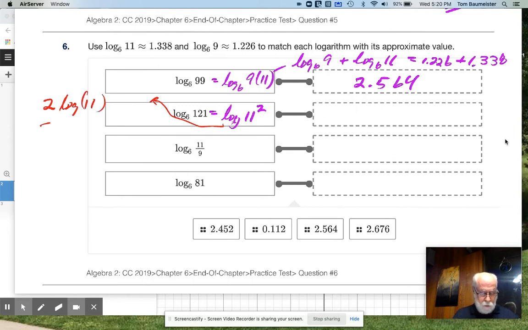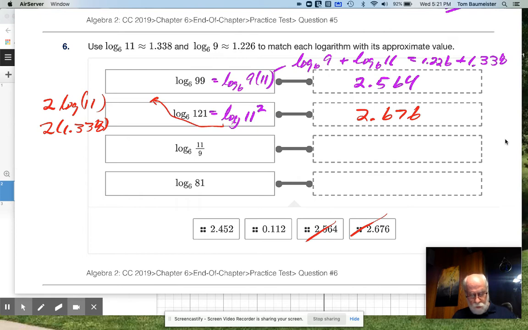So that would be 2 times 1.338. And that one would give us 2.676. Right? So again, same kind of thing.